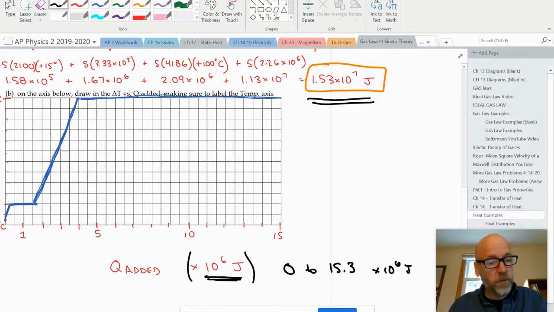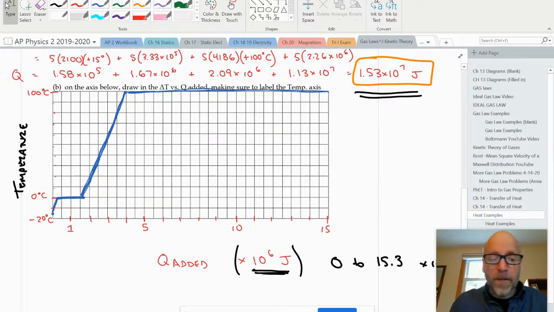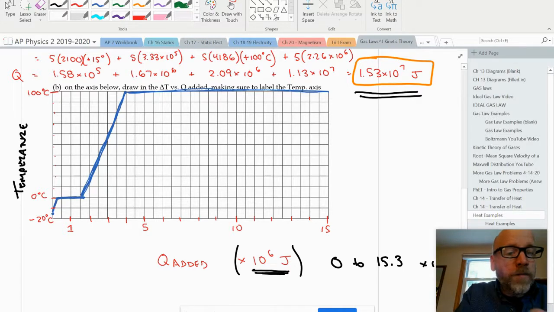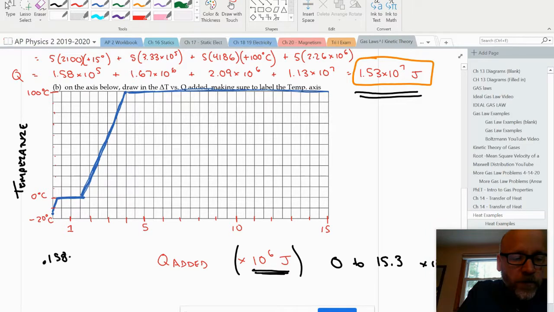So now, when I plot it, I made every two lines 1, 2, 3, 4, 5, 6, 7, 8, 9, 10, 11, 12, 13, 14, 15 times 10 to the 6. When I then plot my points, to go from negative 20 to 0 degrees took 0.158 times 10 to the 6 joules.